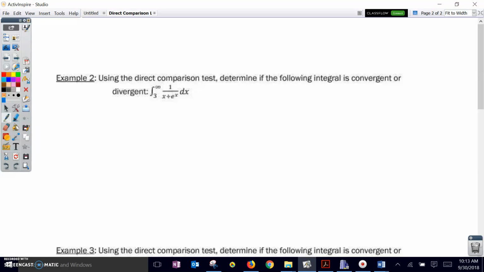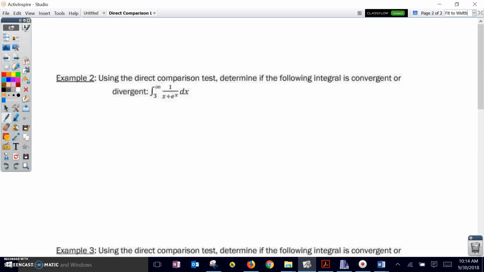And you think about this a little bit. My personal hunch right now is I think that this integral converges. So I'm going to try and find an integrand that's always larger than the integrand of this integral on the interval from 3 to infinity, and then try and show that that one converges.